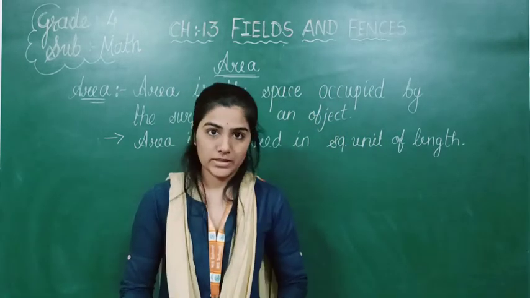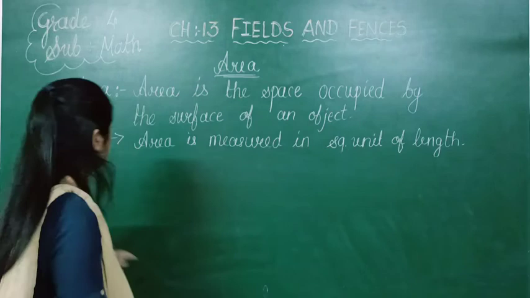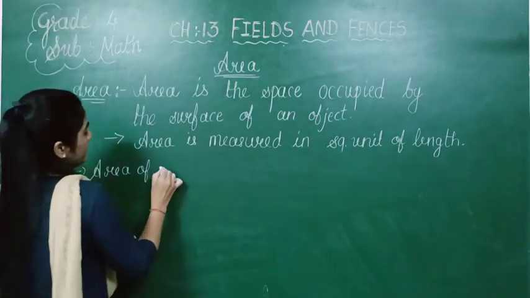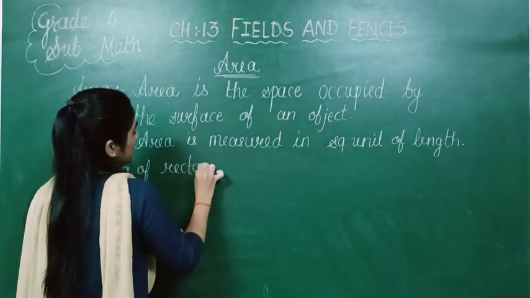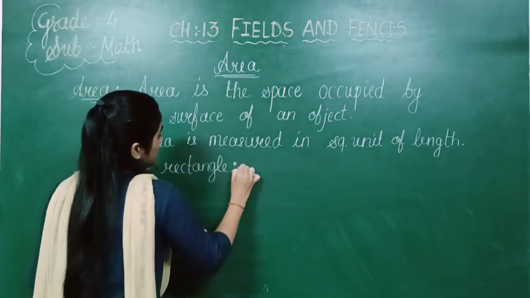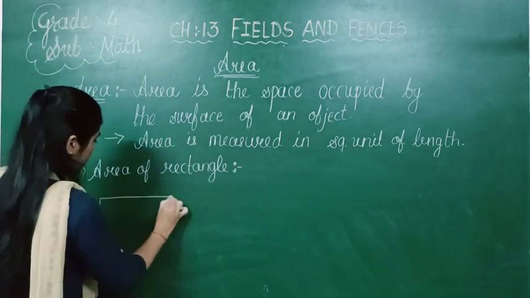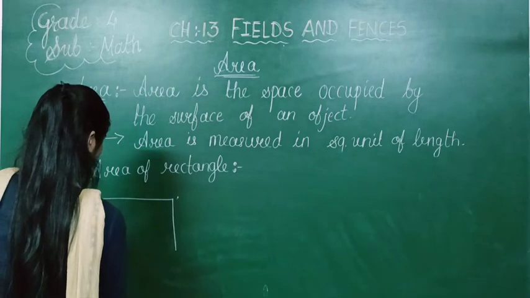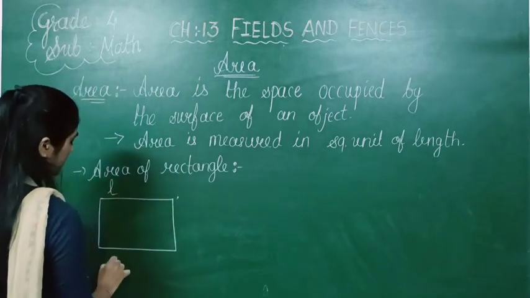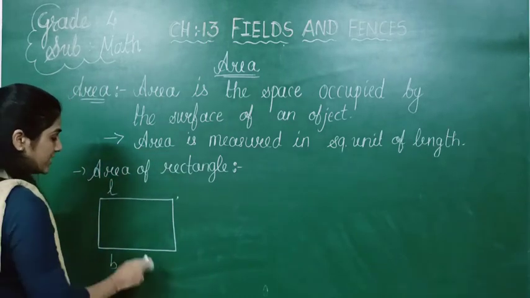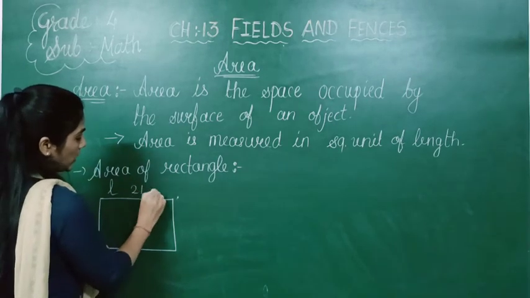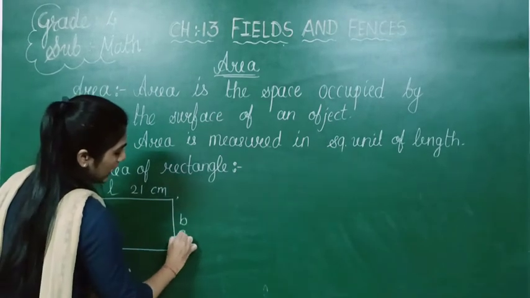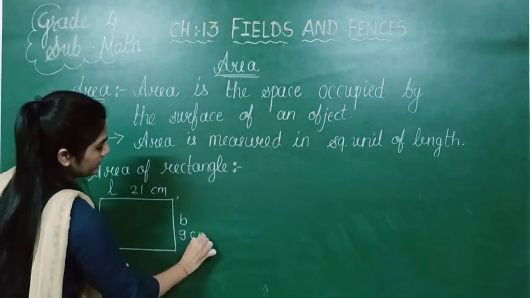Suppose I want to find the area of a rectangle. So what is the formula to find the area of the rectangle shape? In the rectangle shape, we know that length and breadth, we are using these words. Suppose length is given as 21 centimeter and breadth is given as 9 centimeter.